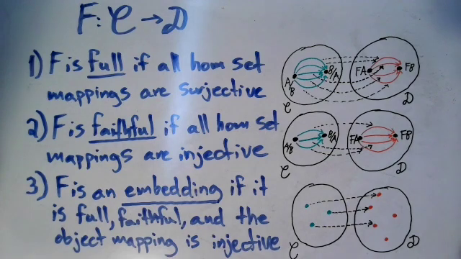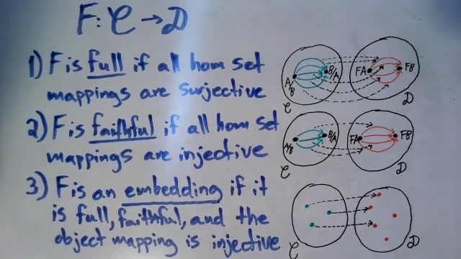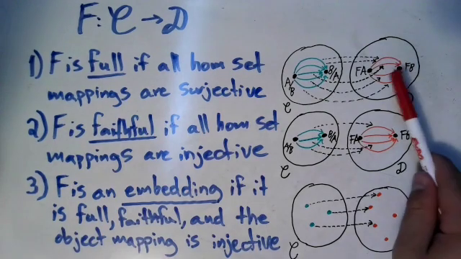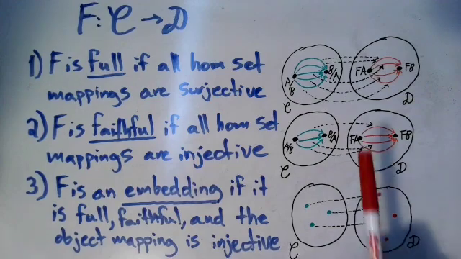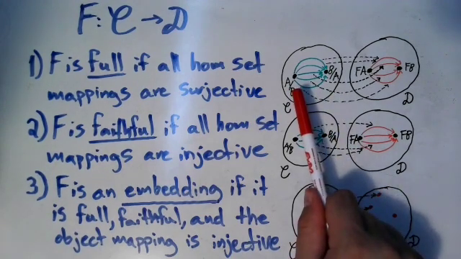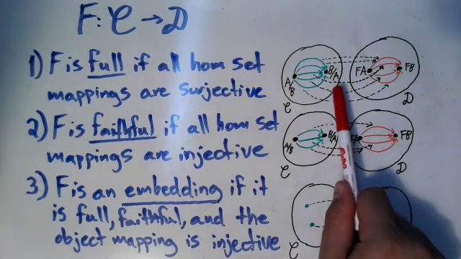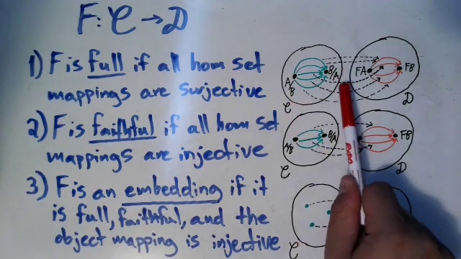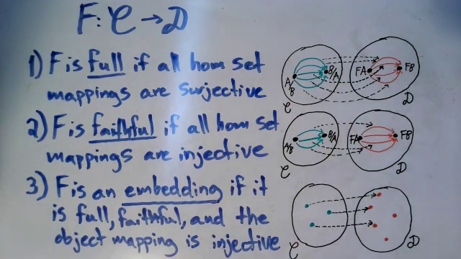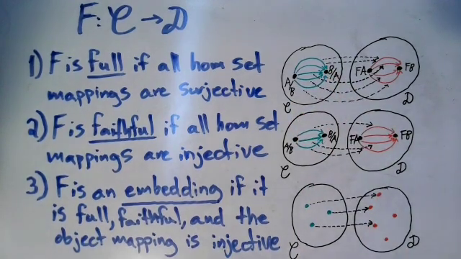So suppose two objects in D which get mapped to by F, say F of A and F of B, then all of the morphisms between those two will get mapped to by F. So we will have two objects in C, either A as the domain and B as the codomain, if this is a covariant functor, or B as the domain and A as the codomain, if this is a contravariant functor, and that mapping must be surjective in all cases.